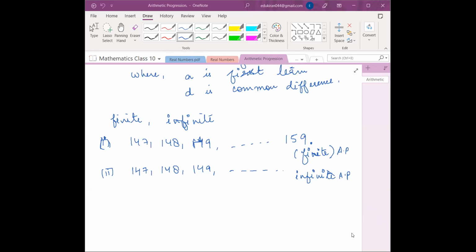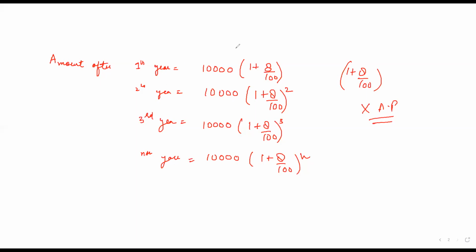On my whiteboard, yes, Harsha, now see here. What were you saying? The 1 plus 8 by 100 is common, but it's getting squared and raised to the power 3. So the difference is not equal, right?